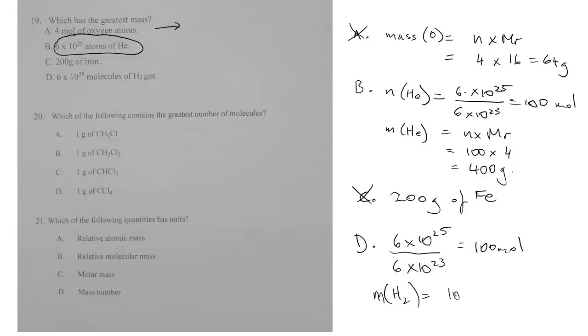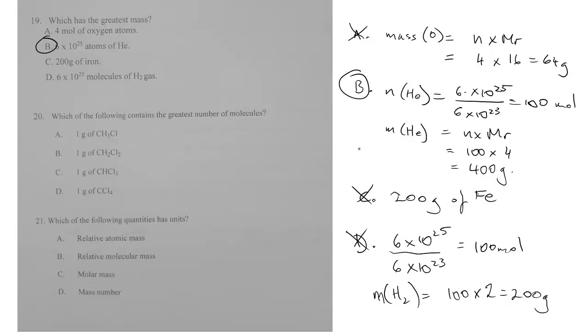So we take 100 mole and we times it by the molar mass, which is 2, giving 200 grams. So it's not D, the answer is B. It does take quite a lot of effort in these questions to get the right answer. Not an easy process, but you have to go through all the steps.